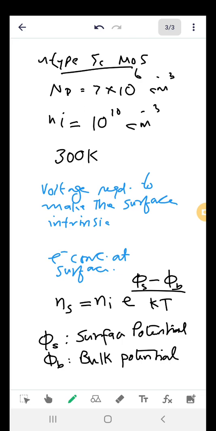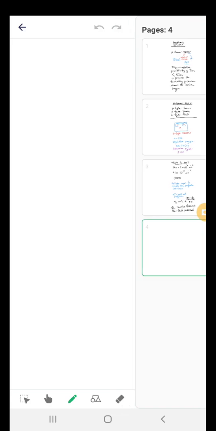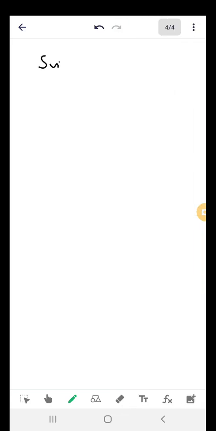Now, since we would like to make the surface intrinsic, for the surface to be intrinsic, Ni should be equal to Ns.